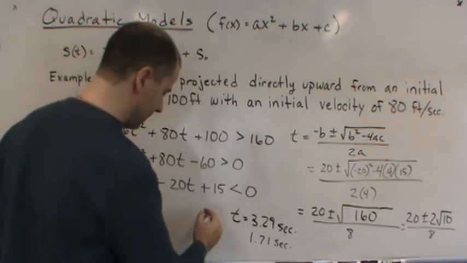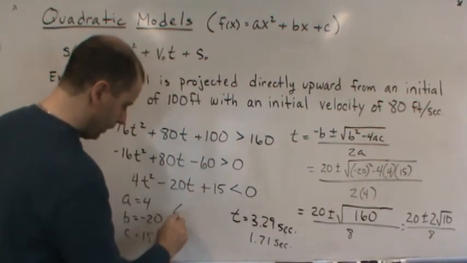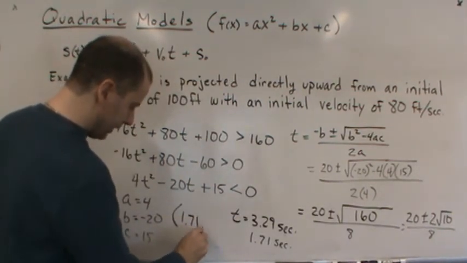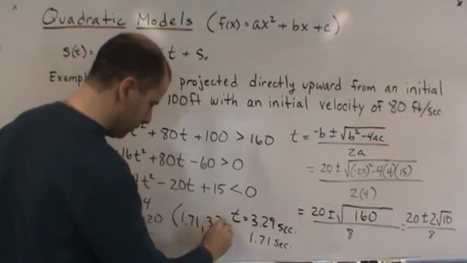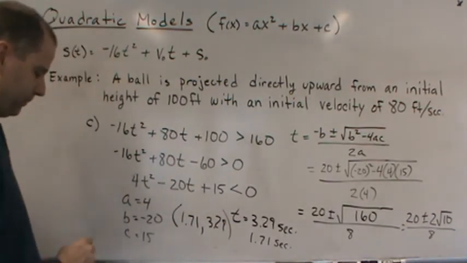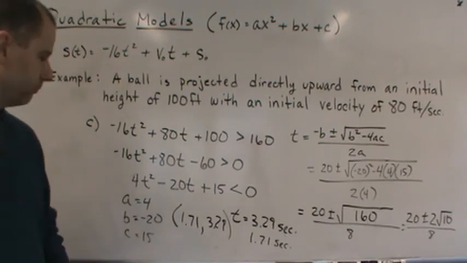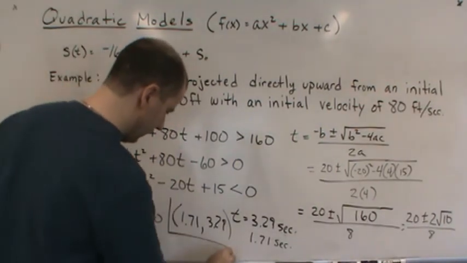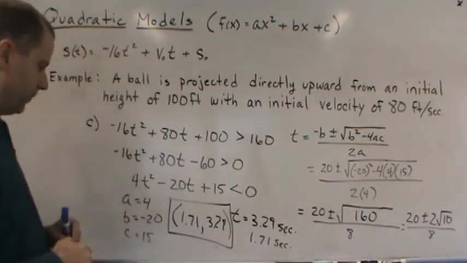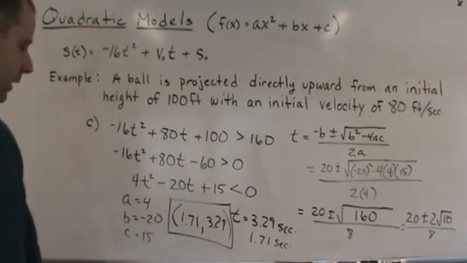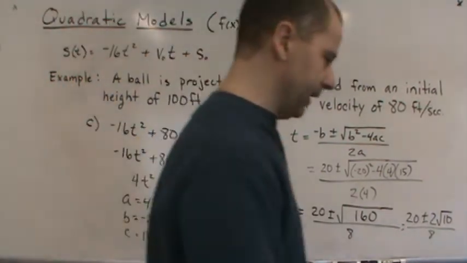So again, we can write this as an interval, from 1.71 seconds to 3.29 seconds, and we're done. That is the time interval when the ball is above 160 feet.